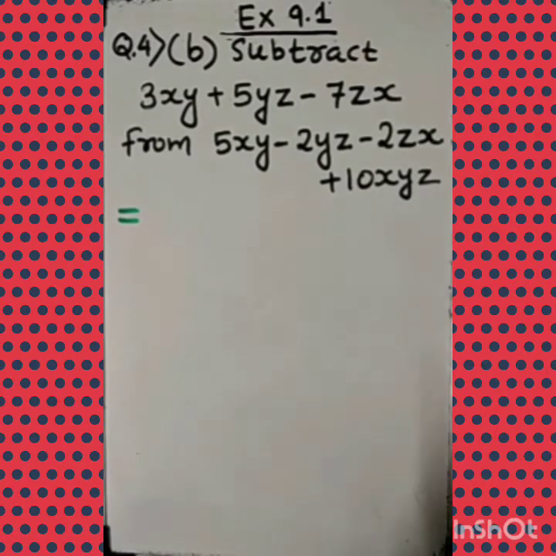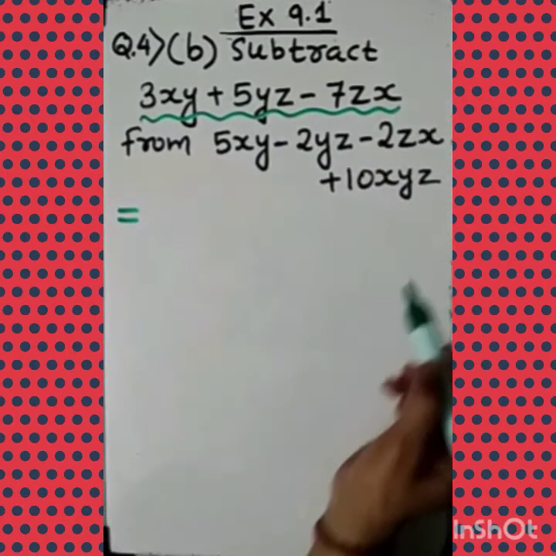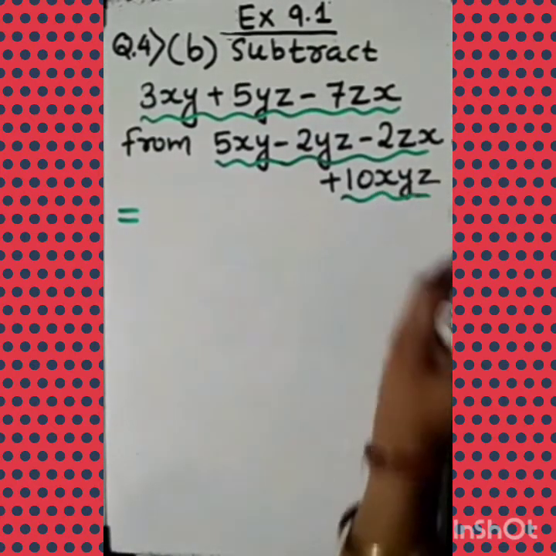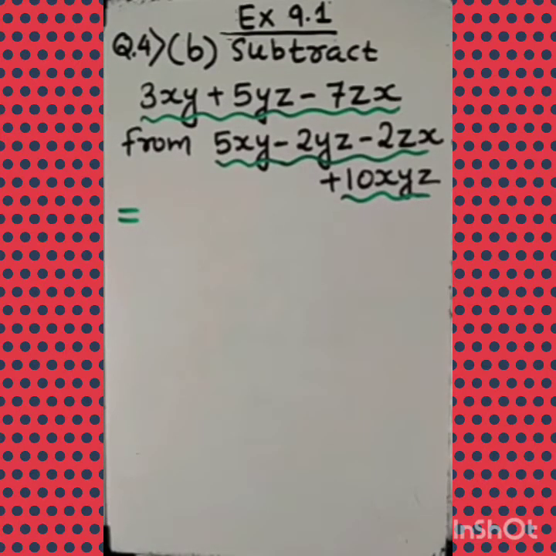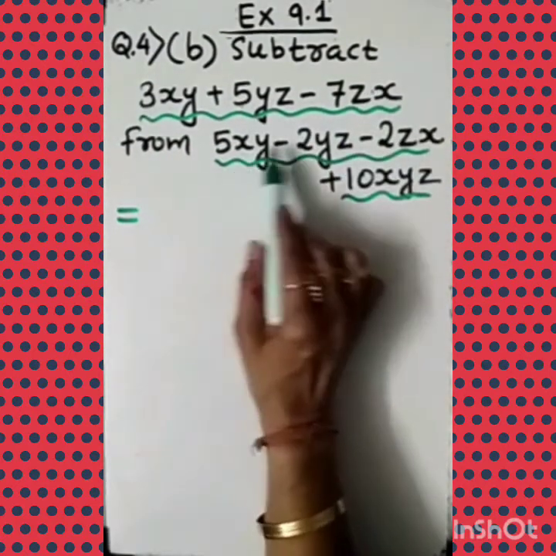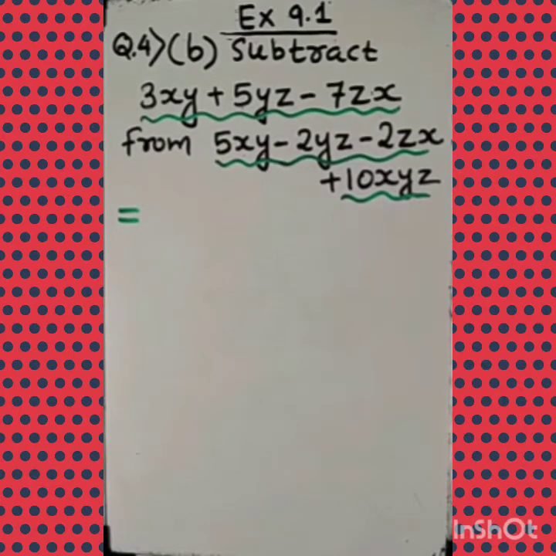Now you can observe we are given two expressions. This is our first expression and this one is the second expression. If I ask you how many terms, it will be 1, 2, 3, 4, 5, 6, 7. Total 7 terms are there in these two expressions.